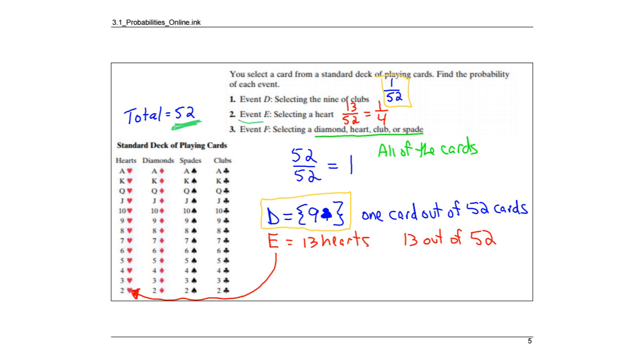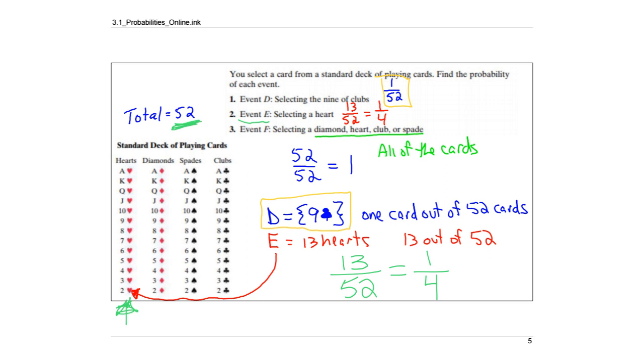Okay, event E is selecting a heart. Well, we have 13 hearts, right? Lucky 13. We have 13 hearts out of 52 cards. And if you reduce that or pop it in your Casio and let the Casio reduce it, you get 1/4. So the probability of selecting a heart would be 1/4.